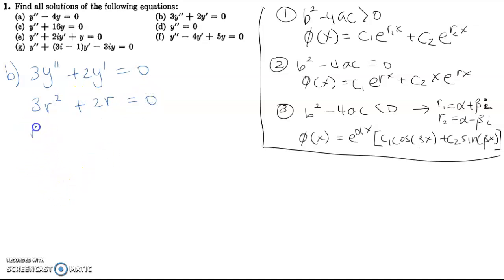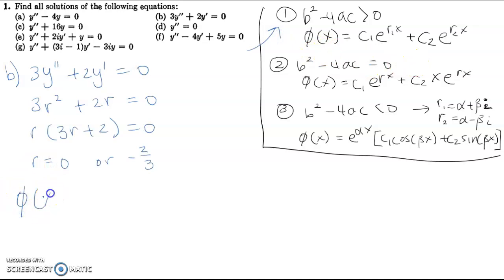You can go ahead and factor r out, and we get r times (3r plus 2) equals 0. So in this case, we'll have r equals 0, or r equaling negative 2 over 3. So we have two different real answers, which also will fall into our first case.